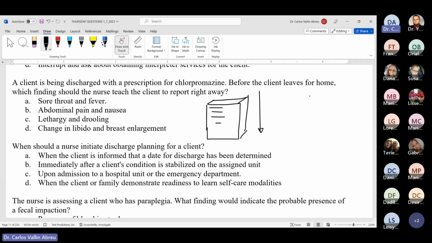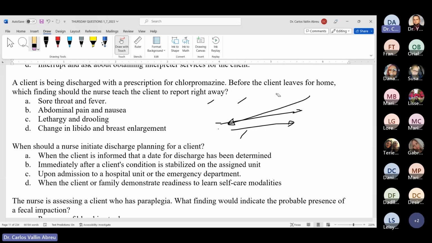A much safer nurse is a nurse that consults the drug guide before giving the medication and making a decision. So that's why pharmacology, as medication, is not the most common question in NCLEX, because the people that write the NCLEX are very smart, very knowledgeable people, and they know that it's impossible to know this.